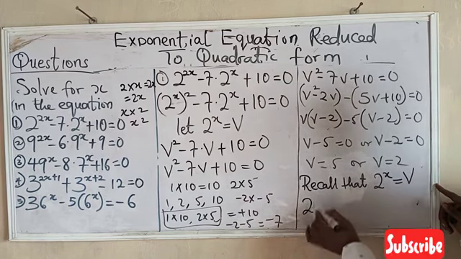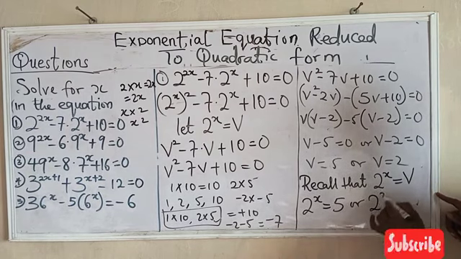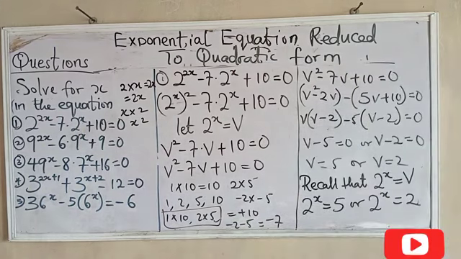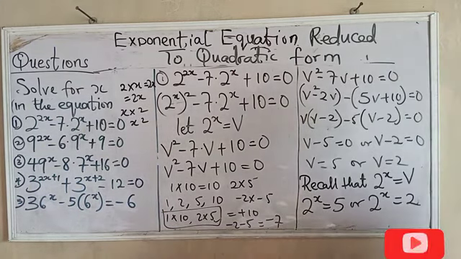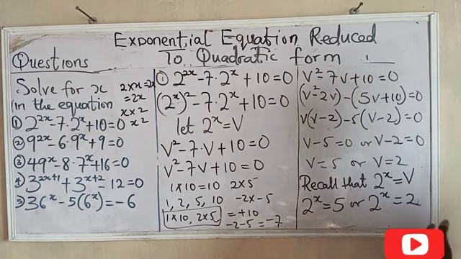Then we have 2 raised to power x equals 5, or 2 raised to power x equals 2. Now, from what we have seen so far, we can see that this is 2 raised to power x equals 5, and this is 2 raised to power x equals 2. If you look at the one on my right hand side, you will observe that the bases here are equal.